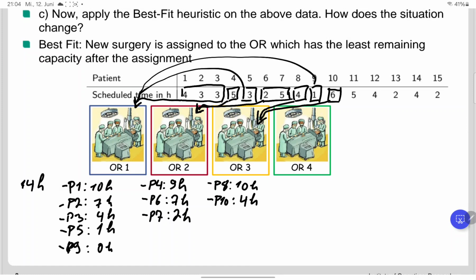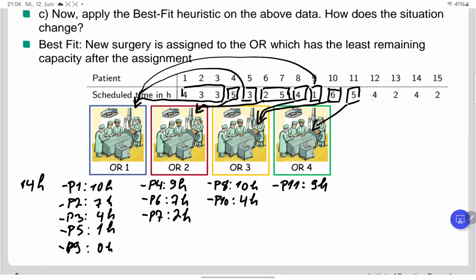Okay, so the 11th one requires 5 hours, so it cannot be assigned to operating room 2, neither to operating room 3, because we don't have enough capacity, and therefore we open the fourth room. Okay, so this is the 11th patient, and 14 minus 5, we have 9 hours of capacity left. Okay, so the 11th one was assigned to the last operating room.